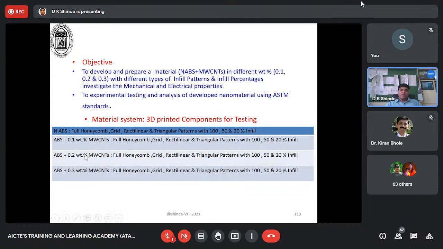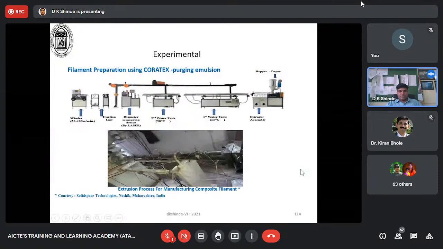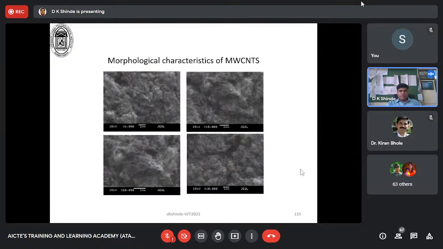So this is 0.1 with the full honeycomb, grid, rectilinear, and triangular patterns with 100%, 50%, and 20% of the material. With ABS we used the same way. For 0.2, again we used the same patterns with the three infill percentages we chose. So this setup is again common for us to produce these.